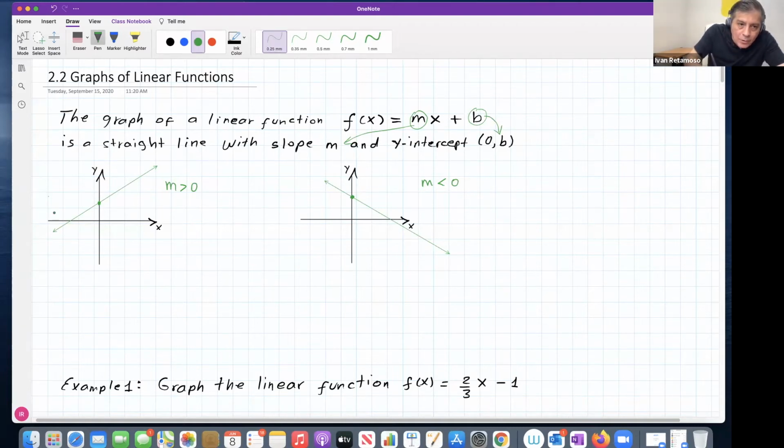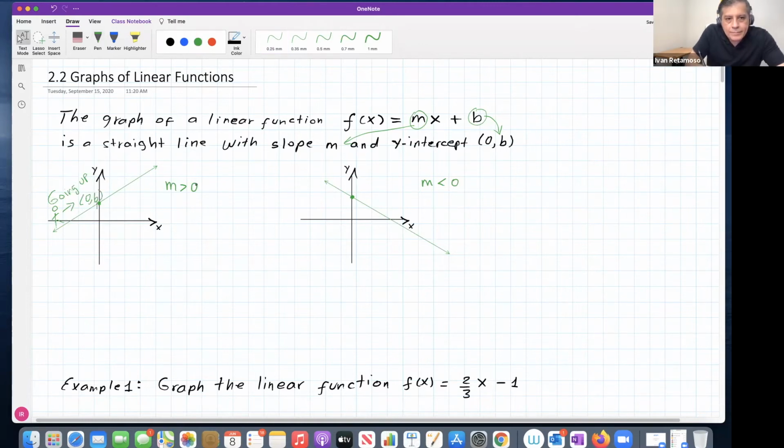If you walk along the line, you are going up, right? Going up. And not only that, where the line meets the y-axis, that's this guy, 0, b.